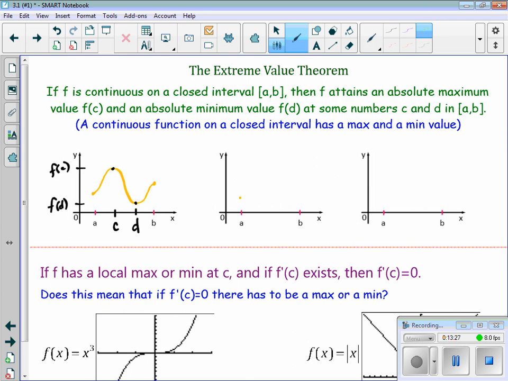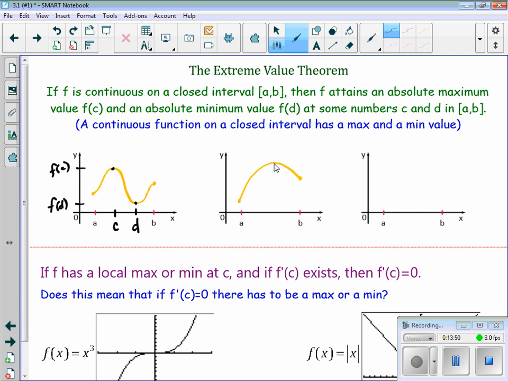Let's say I go up, and it starts to curve back. It looks terrible. Let me try it again. Same idea though. Curve up, and then curve back down. Okay, so where would C be located? C is the max, it says.